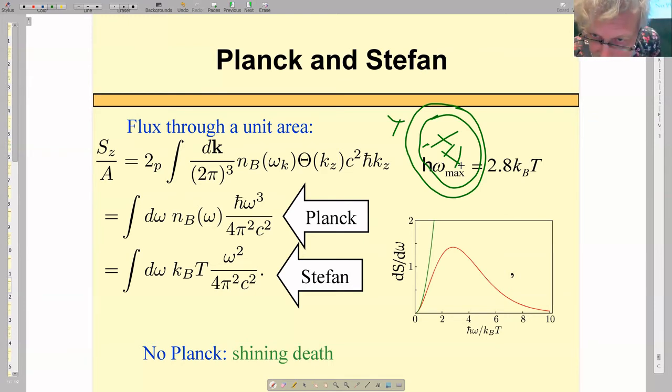So we make an opening, and here we break the thermodynamic equilibrium of the gas. Now the photons can leave this system, and that's going to be black body radiation.